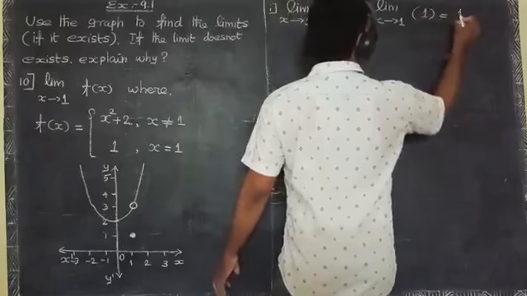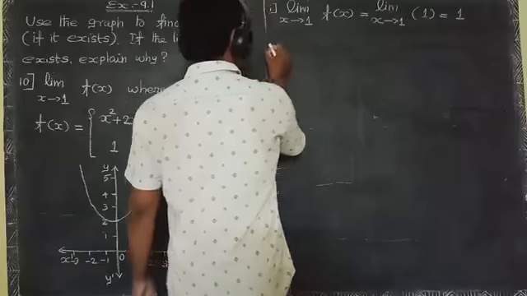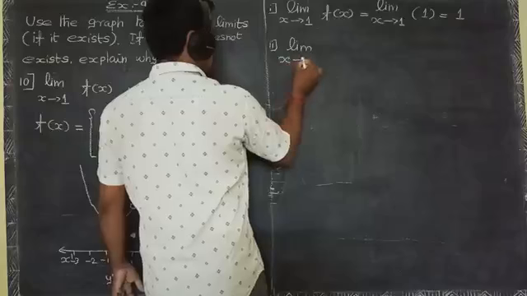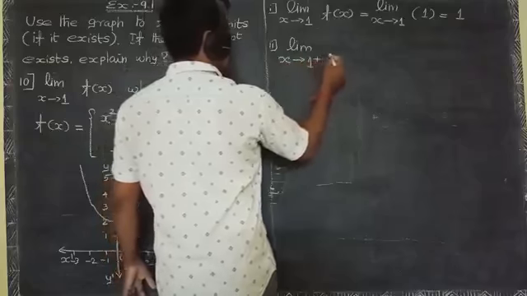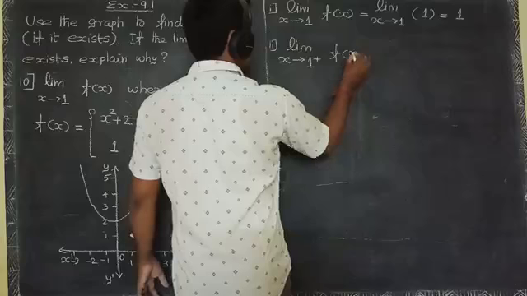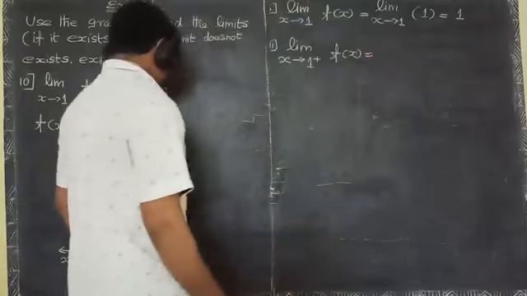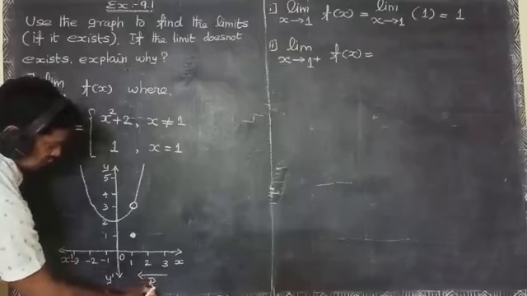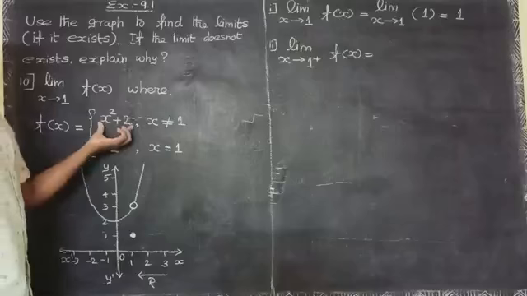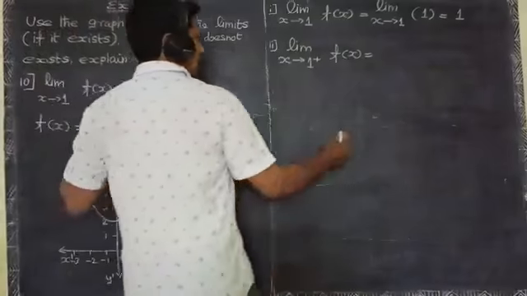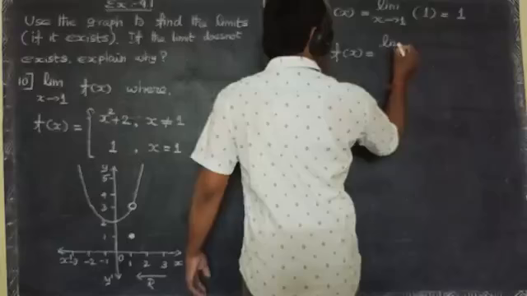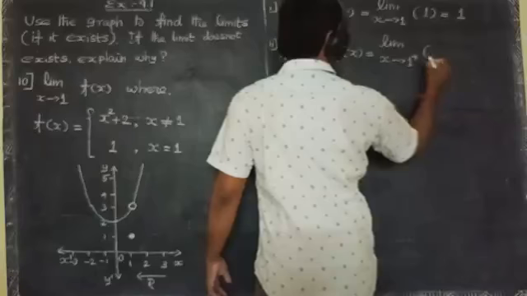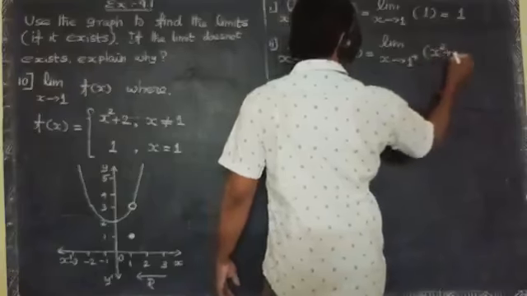In the second one, limit x approaches 1 plus f of x. 1 plus means x approaches 1 from the right side. So we take the function x square plus 2.